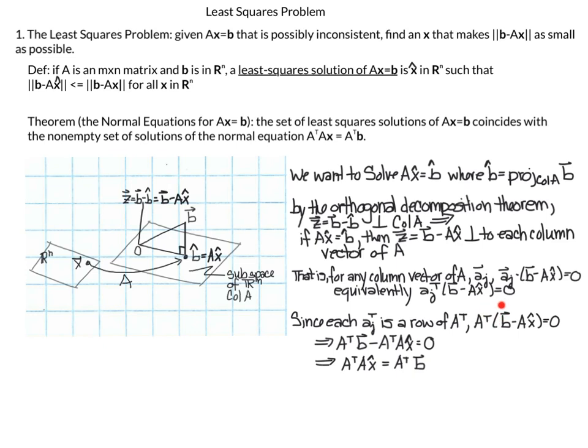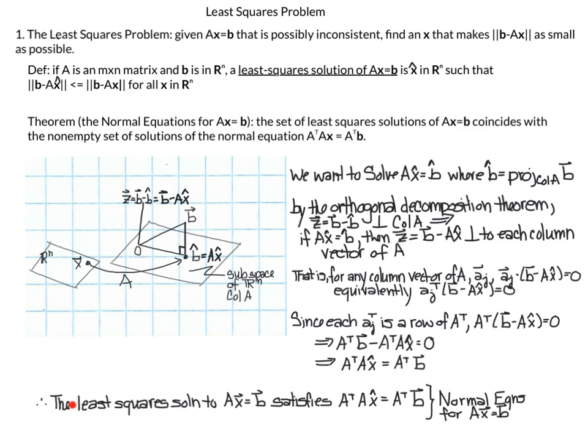From this equation, we can multiply in the A transpose, and we get A transpose B minus A transpose AX hat equals 0, which implies that A transpose AX hat equals A transpose B. This last equation says that the least squares solution to AX equals B satisfies A transpose AX hat equals A transpose B. This equation is called the normal equations for AX equals B. Also, I have updated my graph to show that Z is equal to B minus B hat.